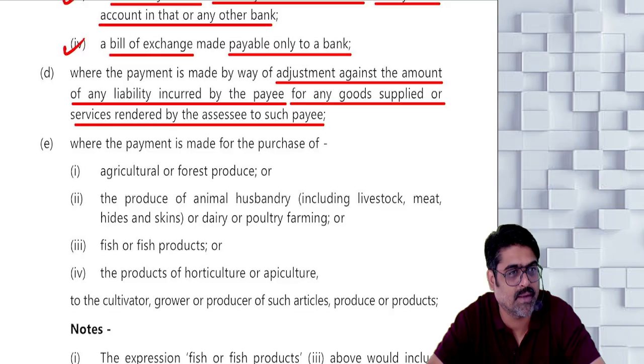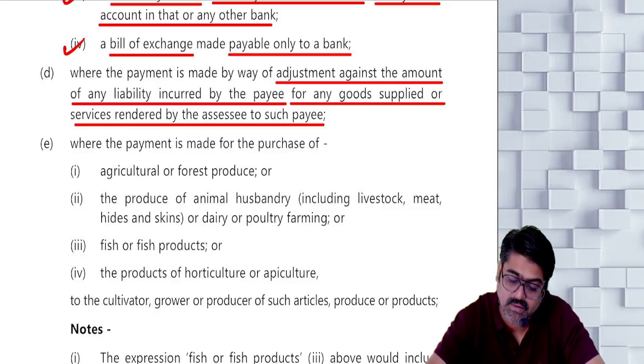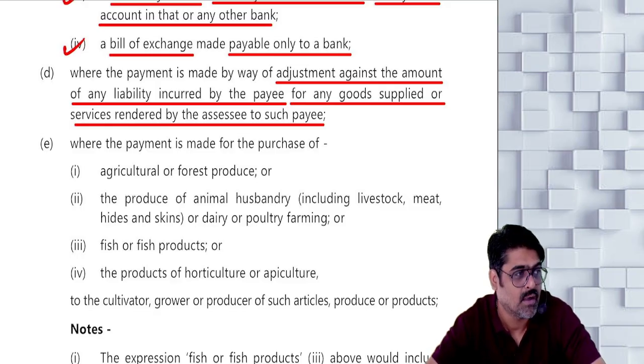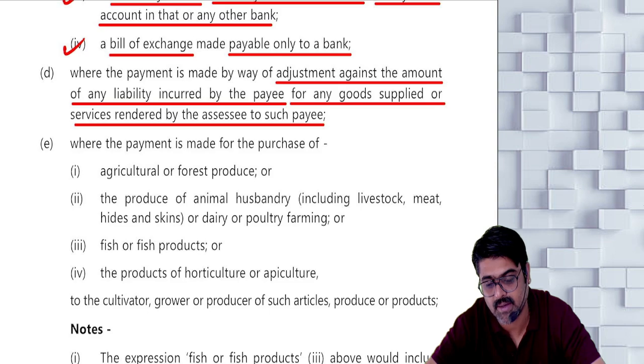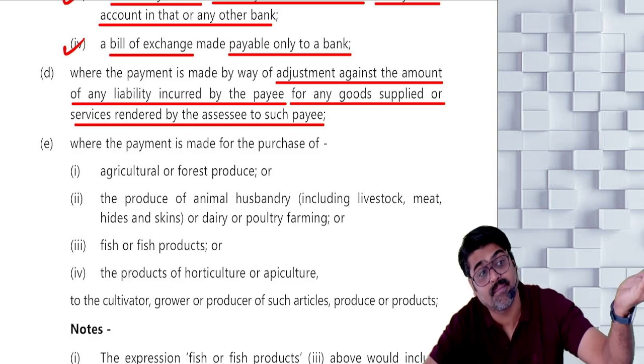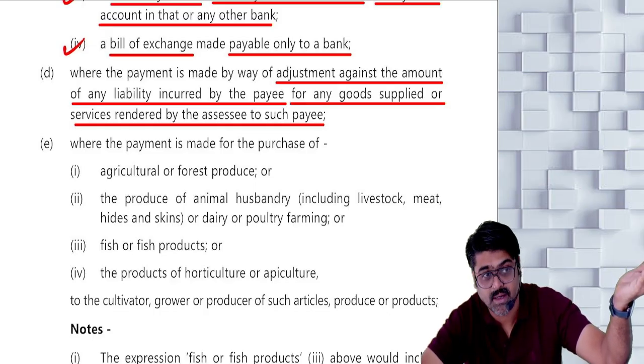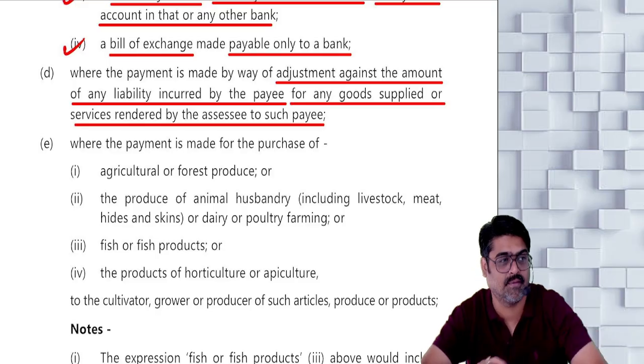How is the payment made? Payment is made through adjustment, book adjustment, against the amount of any liability incurred by the payee, not incurred by me, for any goods supplied or services rendered by the assessee to such payee.